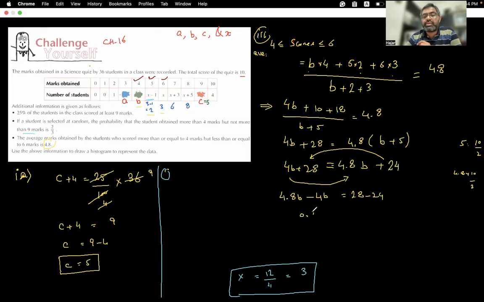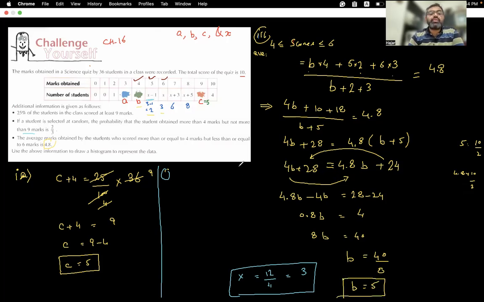So this is 0.8B is equal to 4. So B becomes equal to 4 over 0.8. For easy calculation, we multiply everything by 10, so it's 8B is equal to 40, and B is equal to 40 divided by 8. So we have solved for B. B is equal to 5. We have solved one more variable.